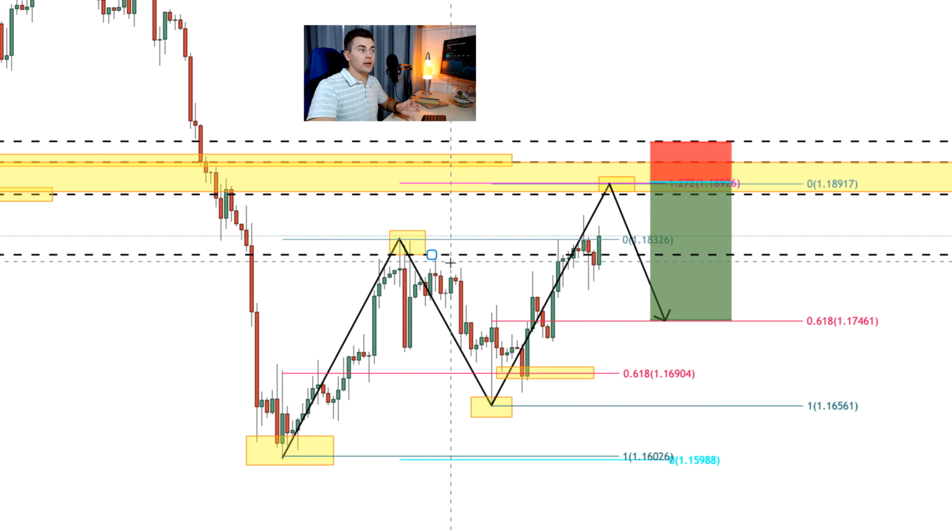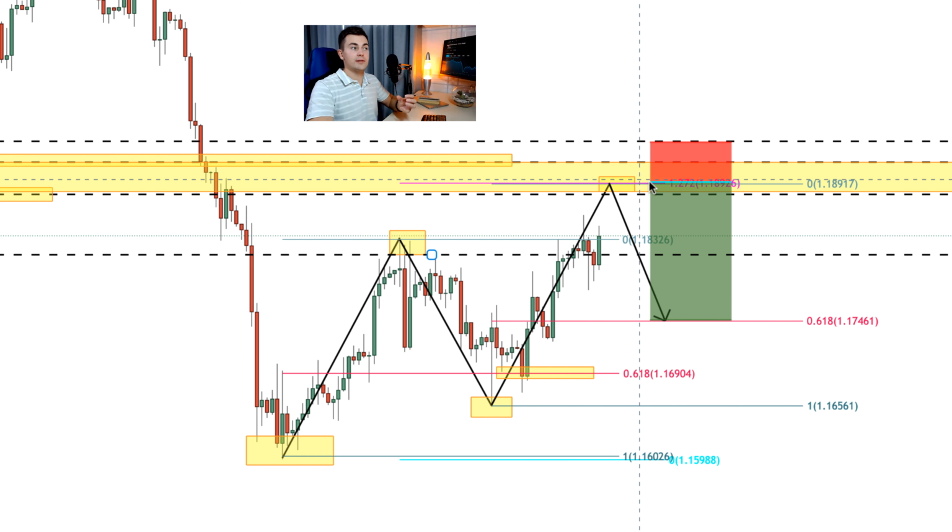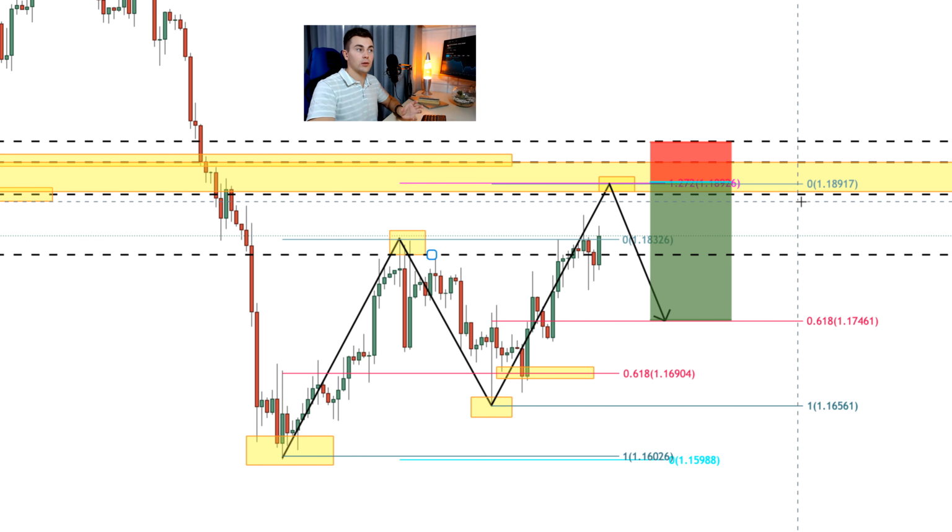I do that because some buyers will buy from that structure. For some buyers, it will be important structure support, and they will start buying from that. And we need protection. We need to start protecting our profits because everything can happen. This short position, it will be quite long.